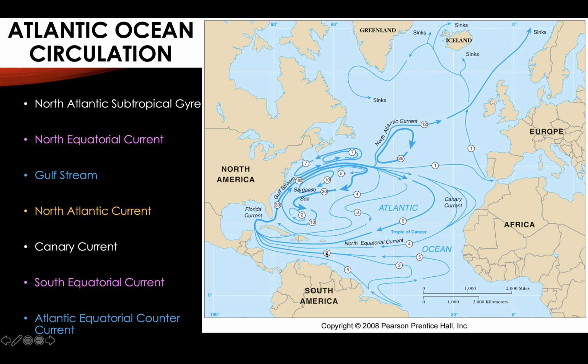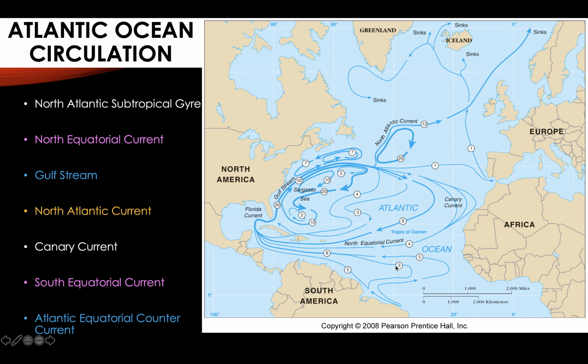Here we have a map of the North Atlantic Gyre. So a couple slides ago, we looked at the main 5 gyres. And this map just kind of zooms in on a little more of the detail, right? Because it's not just one circle, right? Of course, it's always a little bit more complex. So each side of the gyre has minor sub-gyres here.